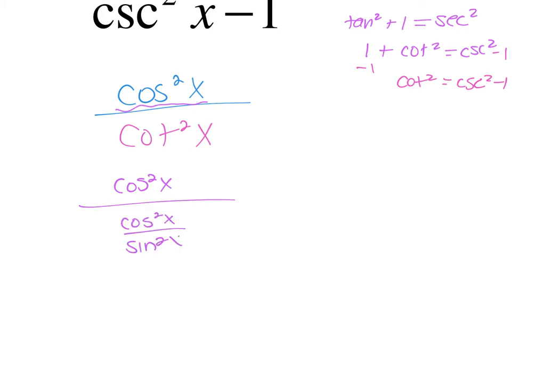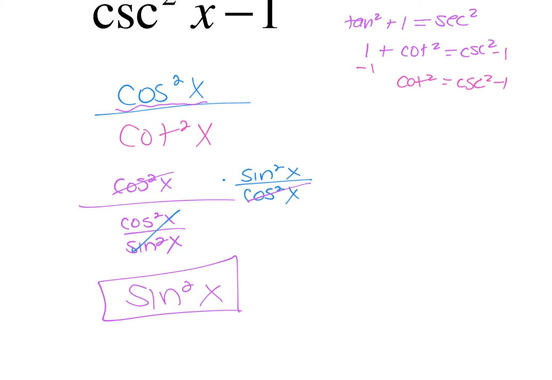They'd both be squared if the original function's squared. Then keep, change, flip. Wait, so tan would be sine over cosine? Sine, yep. Okay. And then I can cancel out the cosines and I just get sine squared x. So I keep, change, flip, and in doing so, I could cancel out the cosines and I was left with just the sine squared.